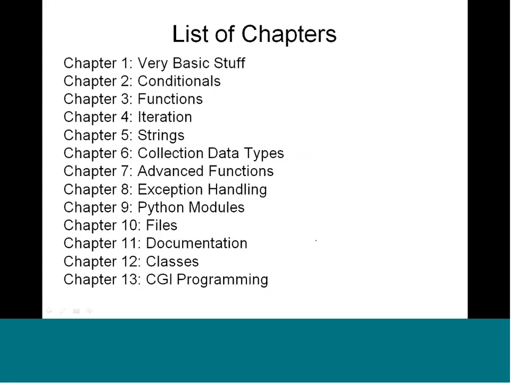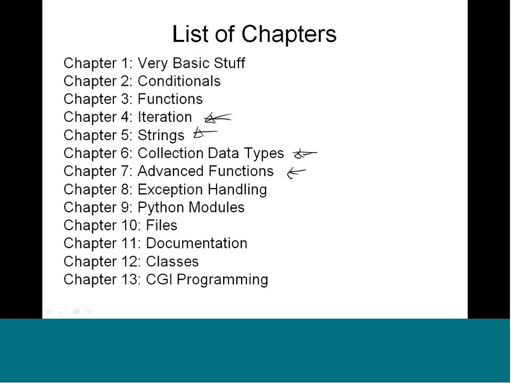Then we will look at the functions, the Python functions. Then we will go through the iteration or the while loops and the for each loops and how to specify those things in Python. Then we will look at strings, the collection data type, which we introduced in the Tcl programming, but we will be looking into that.